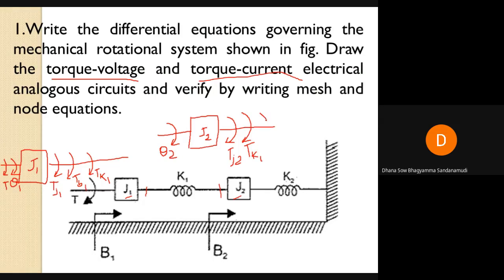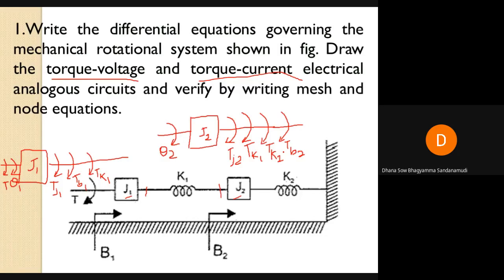Another opposing torque is due to K2. Another opposing torque is due to B2. That's all, I think. J2, K1, K2, B2. These are all the opposing torques at node 2.